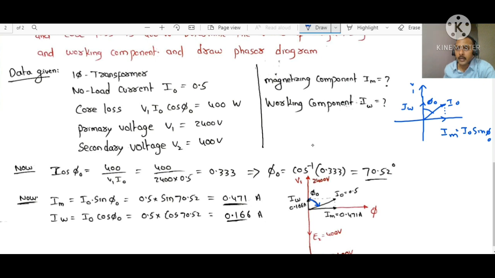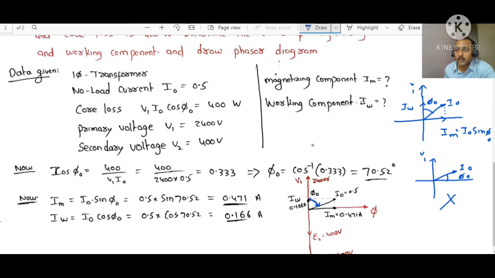Don't think that if you write the angle here, the entire analysis goes wrong. If you have drawn I0 correctly and V1 correctly, but you indicate the angle between this voltage and current elsewhere, then this Im and Iw will be obtained in a wrong manner. This is wrong.